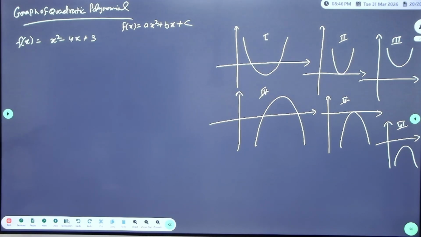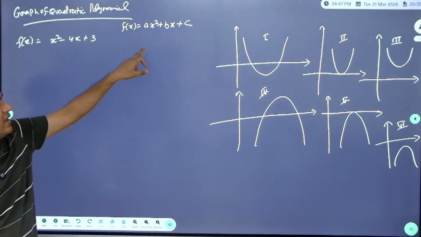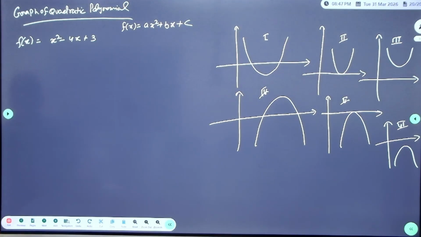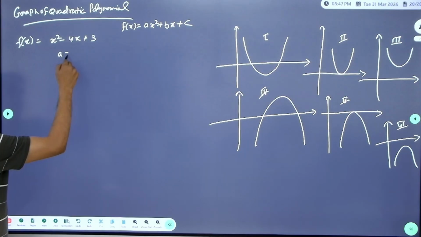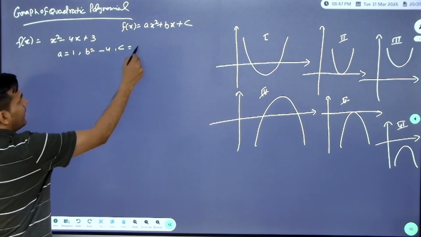So all the formulas will be derived on the basis of this a, b, c, by considering x square coefficient as a, x coefficient as b, and the constant term is c. Ax square plus bx plus c. So now tell me, in this case, you compare this with this. A is equal to 1, b is equal to minus 4, and c is equal to 3.